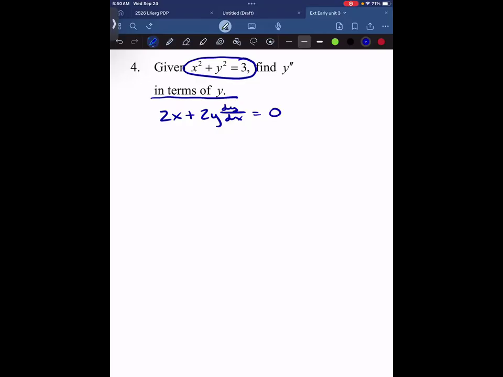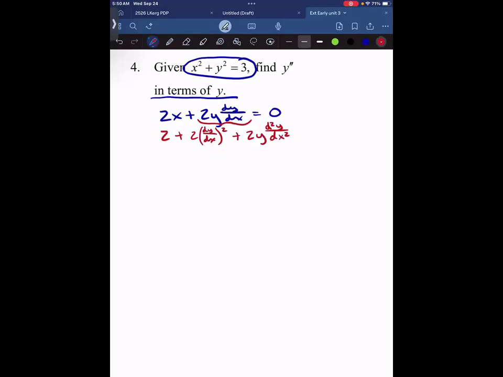So if I just take the derivative again, we have 2 plus, now remember this is a function times a function, so this is going to have to be a product rule. We have 2 dy/dx times dy/dx, so 2 (dy/dx) squared, plus 2y times the second derivative, d2y over dx squared.